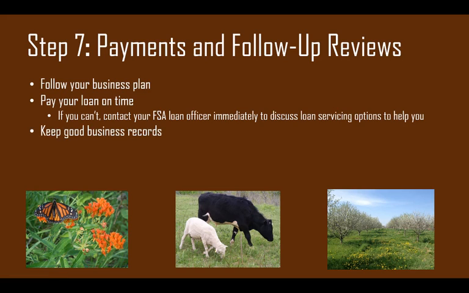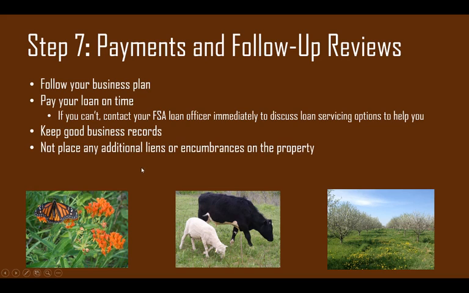Of course, with any business, you want to keep good business records of harvest and your invoices and your field plan and your livestock health and feeding and rotations and all those things. These all can benefit you in making you a better farmer, really, but also in case your loan officer needs to see these. And you can't place any additional liens or encumbrances on the property.